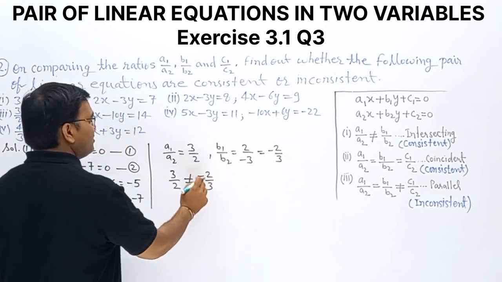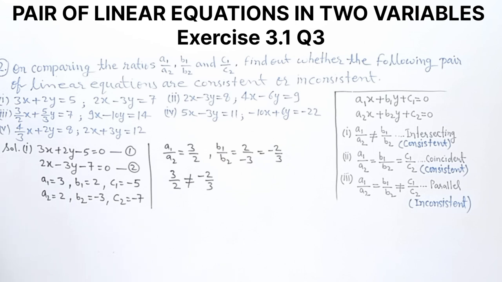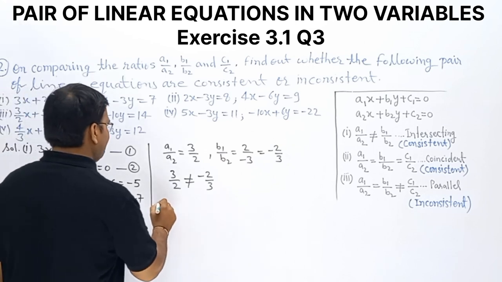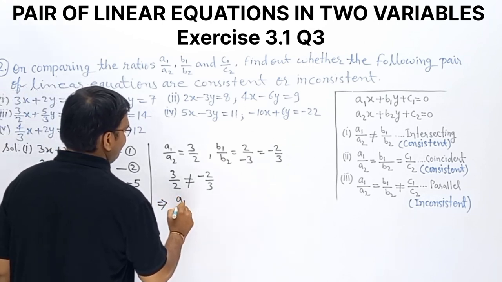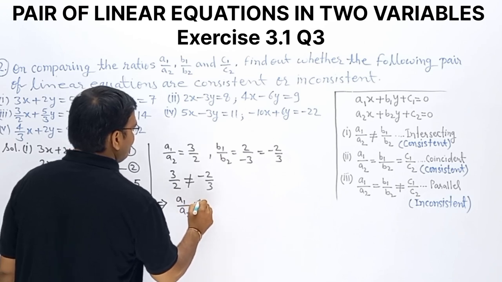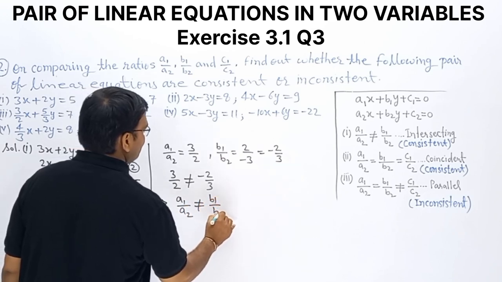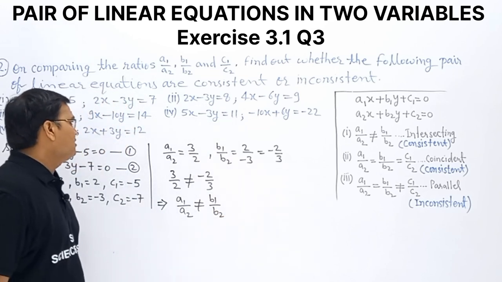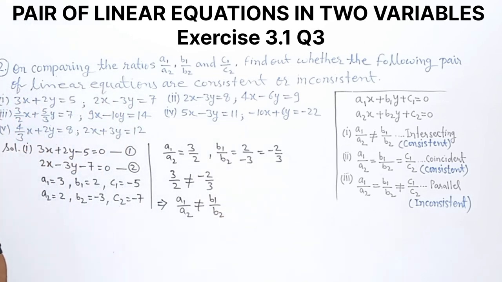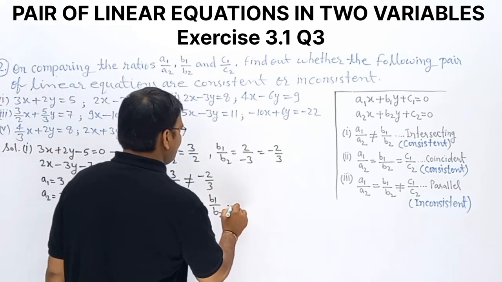This one is positive and this one is negative, so they cannot be equal. So a1 upon a2 is not equal to b1 upon b2. These equations are intersecting lines, intersecting at a point, and we are getting a consistent system. So the pair of linear equations is consistent.